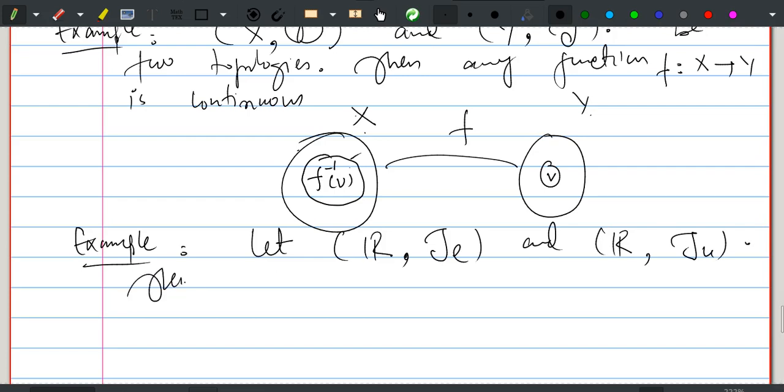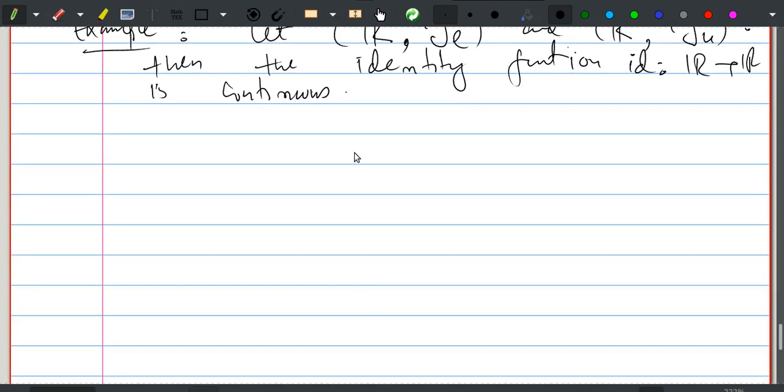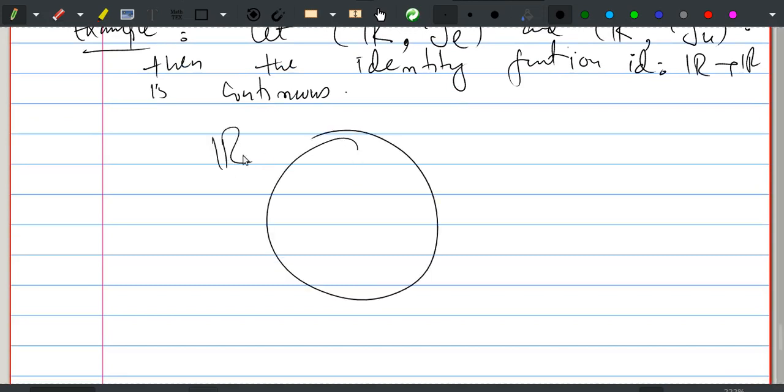Then again, the identity function from R to R is continuous, because this is over R, which is equipped with the lower limit topology, and this is over R, which is equipped with the usual topology.